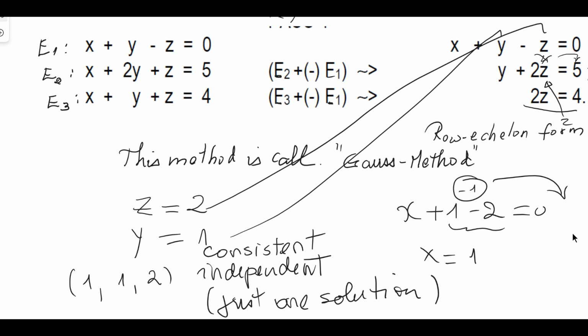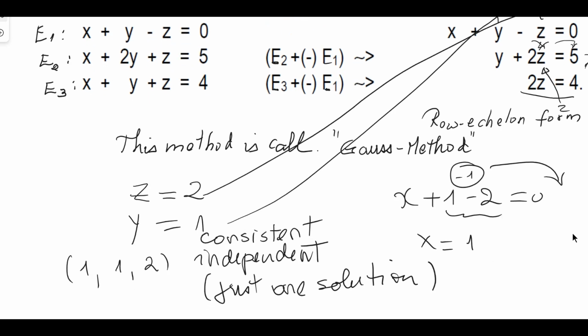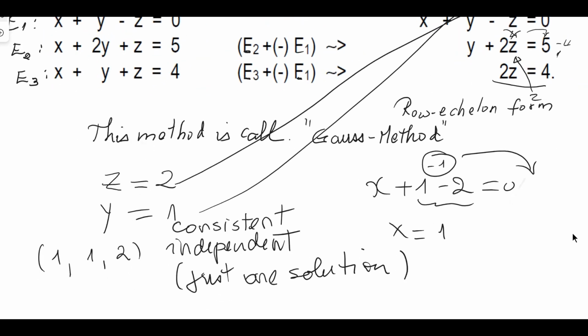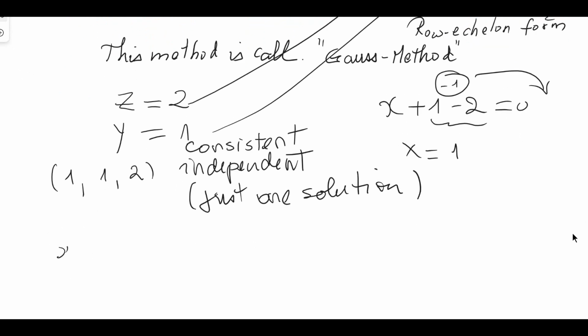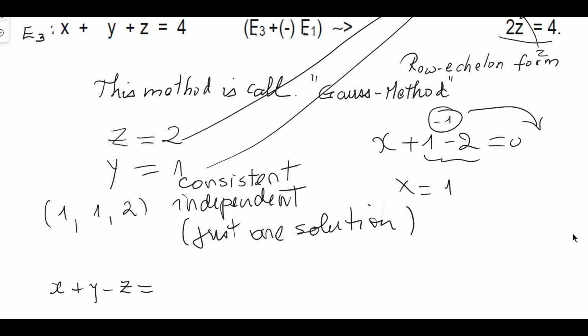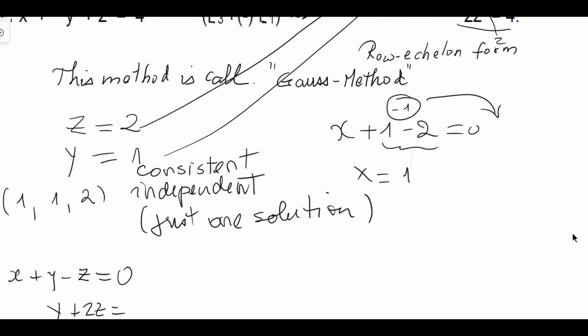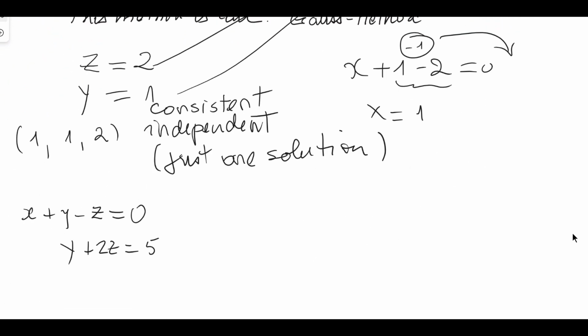We can improve this method by going further with this system that says x plus y minus c equal 0, y plus 2c equal 5, 2c equal 4.